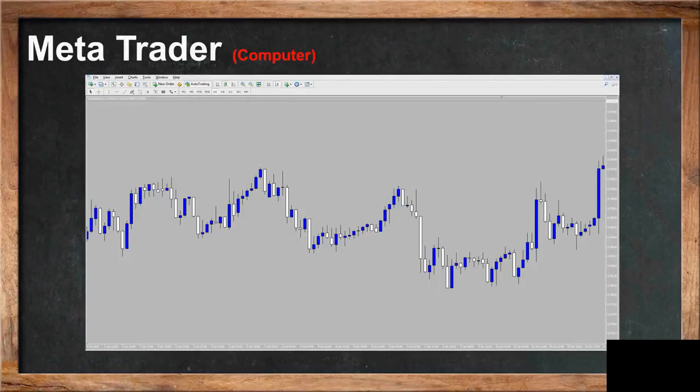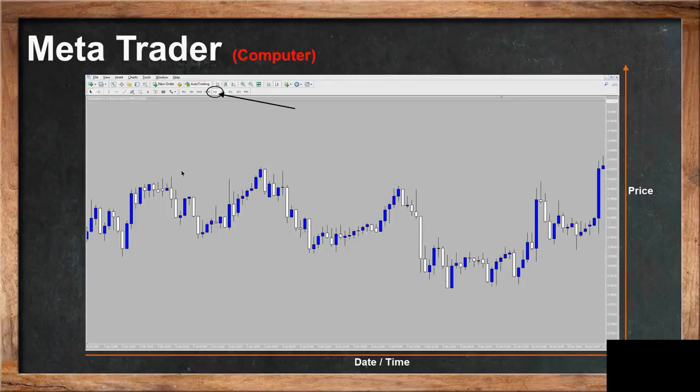Alright, just a quick MetaTrader familiarization for those who just started trading. Basically, at the bottom we have the X and Y axis. You need to understand that at the bottom is the date and time, and on the right-hand side is the price. So the candles are moving from left to right over time, going up and down and changing the prices as well.